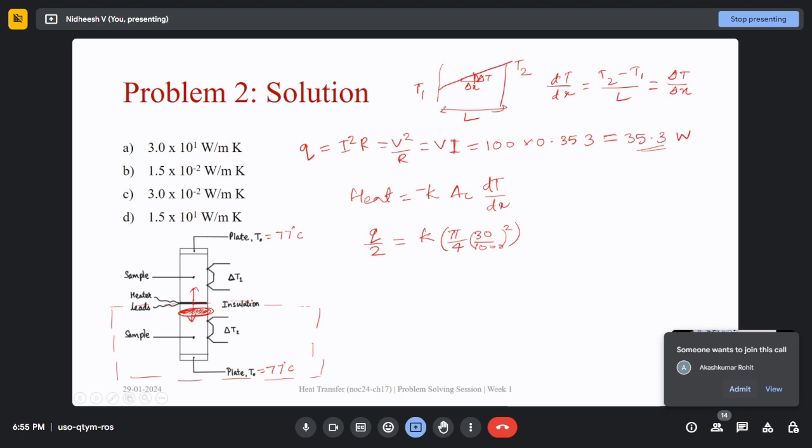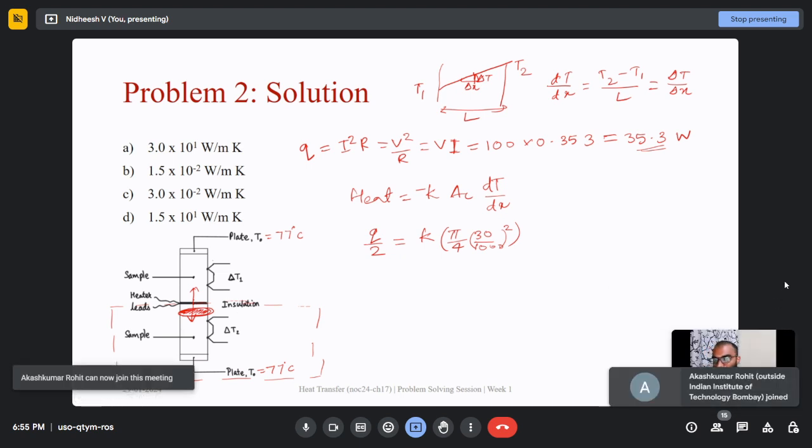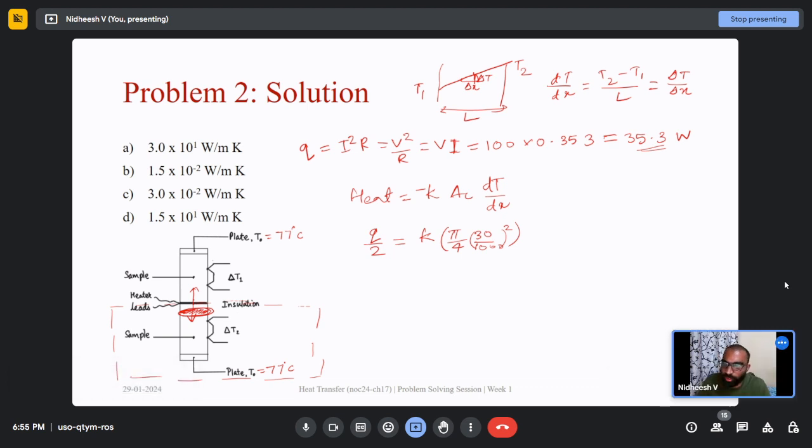Sir, T0 is mentioned as 77 and T2 is also mentioned, 25. 77 is mentioned. Okay, but what was 25? 25 was not T0, right?